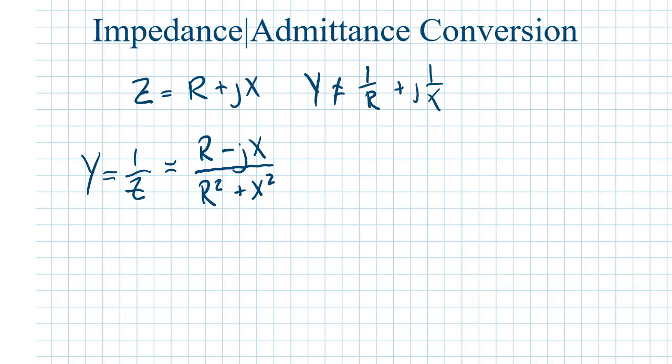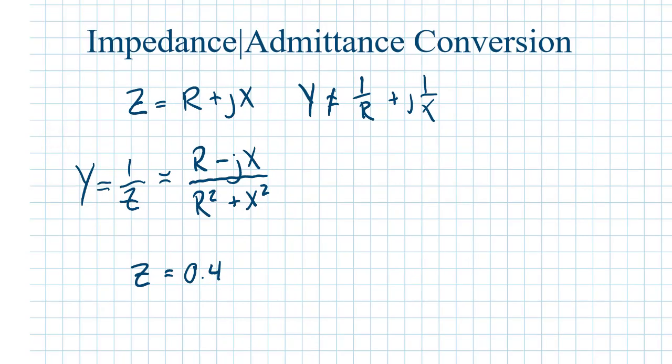So, for example, let's take a normalized value of Z equals 0.4 resistance plus J 0.2 for the reactance. Since it's a positive reactance, that basically means that it's an inductive reactance.